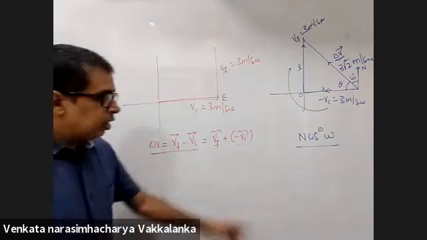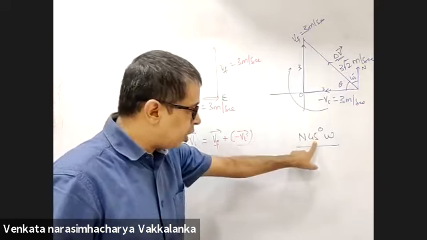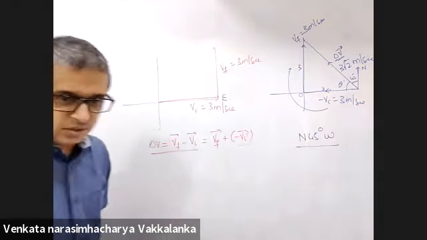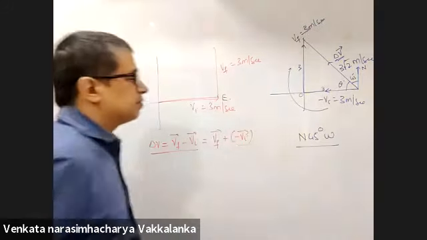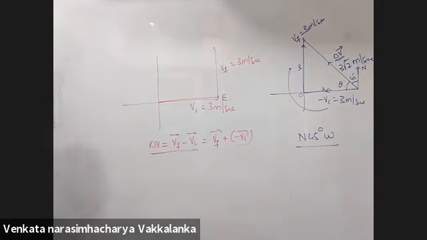So it will be very appropriately north 45 degrees west. This is northwest. So the correct answer will be 3√2 north 45 degree west, or both of them are acceptable.